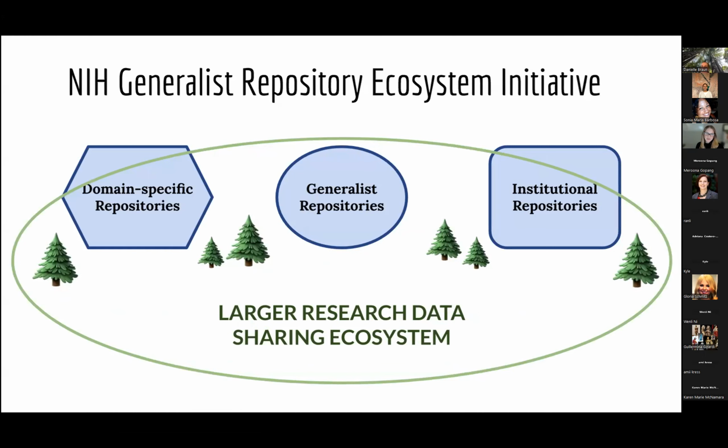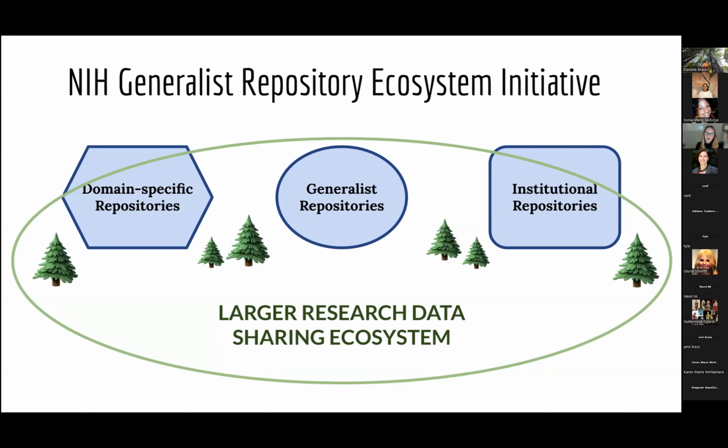But in general, we see this larger data sharing ecosystem having these 3 main types of repositories or places for sharing data. NIH does support many repositories for the sharing of certain data types or domains of research.